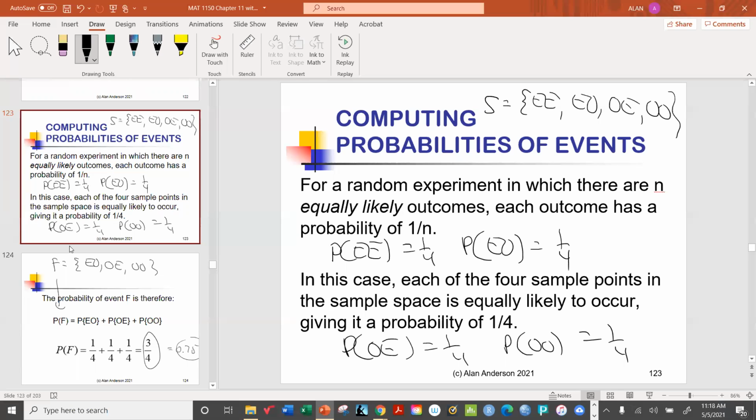So let's go ahead and see how you would calculate the probability of F. Well, we can break it down into its component elements and calculate each element separately and then add them up. And that certainly will do the job.